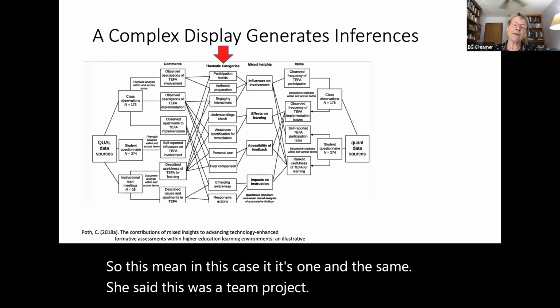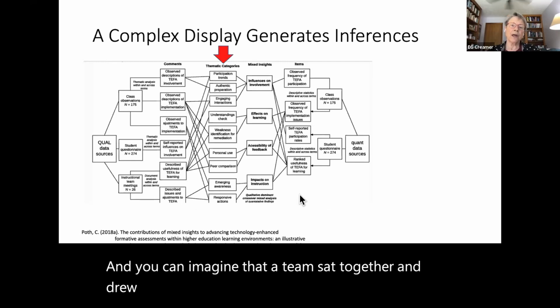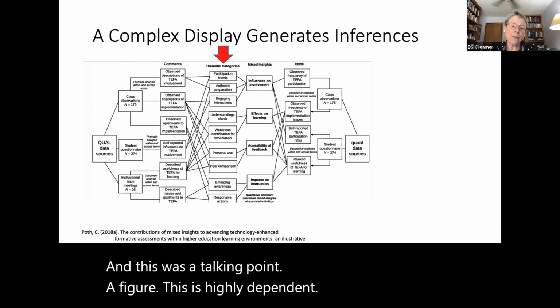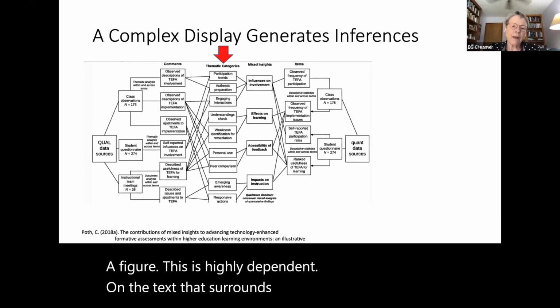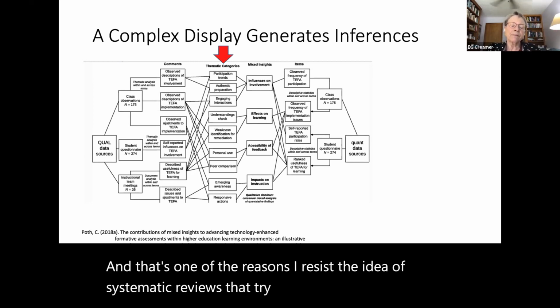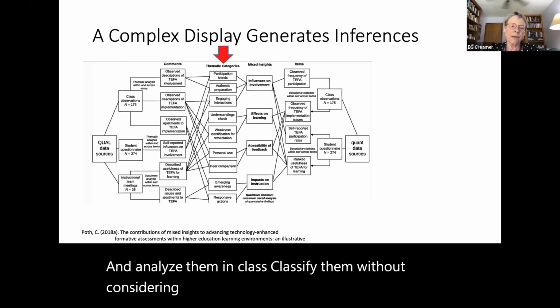And you can imagine that a team sat together and drew all these lines. And this was a talking point. A figure like this is highly dependent on the text that surrounds it. And that's one of the reasons I resist the idea of systematic reviews that try to isolate these and analyze them and classify them without considering what's in the text.